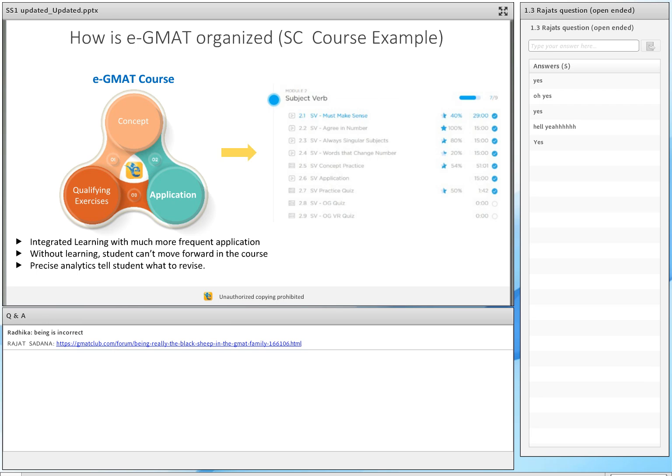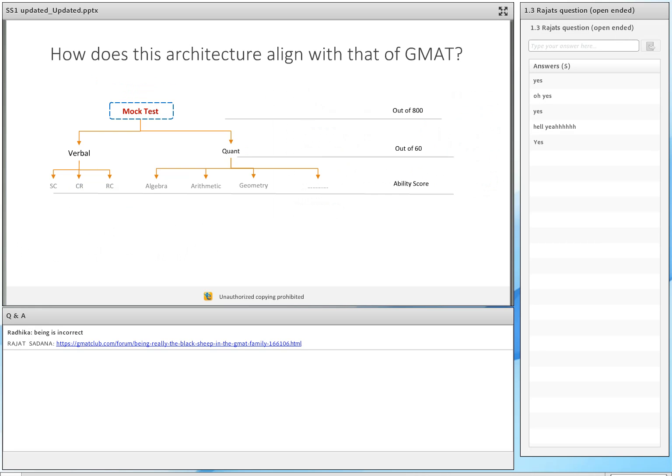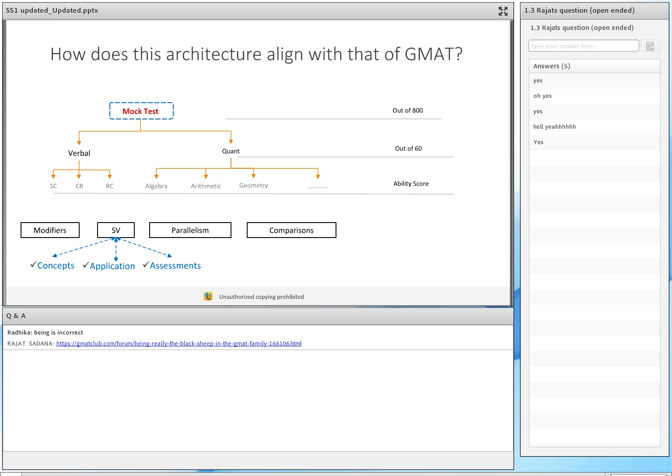So we created courses where you get feedback on how well you've learned the concept and how well you can apply the concept. When you do that, you see this alignment not just at the subsectional level, which is sentence correction or critical reasoning, but also within that, we give you feedback on subject-verb, on modifiers and parallelism, and you can get that analysis right then and there.